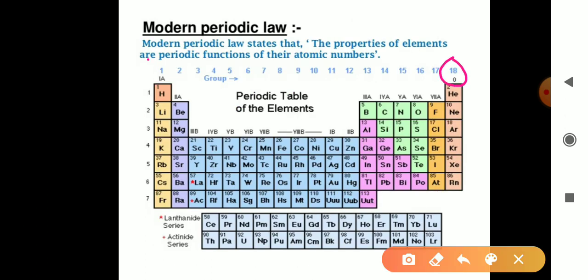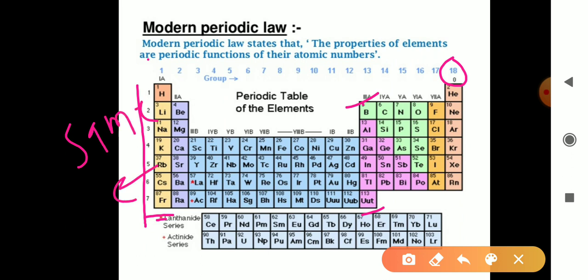We can take any one group, from hydrogen to francium, or suppose from boron to the last one. So in this group the valence electrons remain the same, but the number of shells increases.